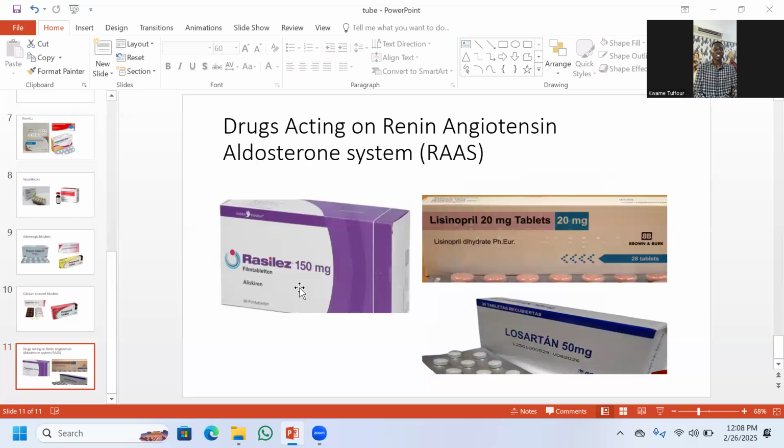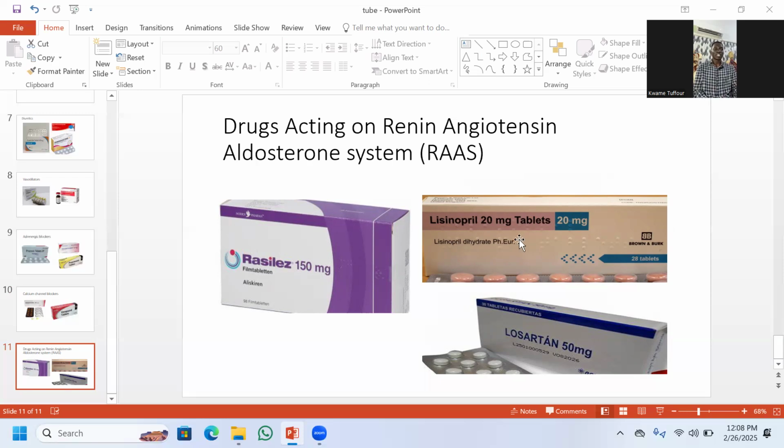We know that once the renin-angiotensin-aldosterone system is activated, it is going to increase the BP. So these drugs are just to pick the key components of the RAS system and block them. So this one, aliskiren, is a renin antagonist or a renin blocker.